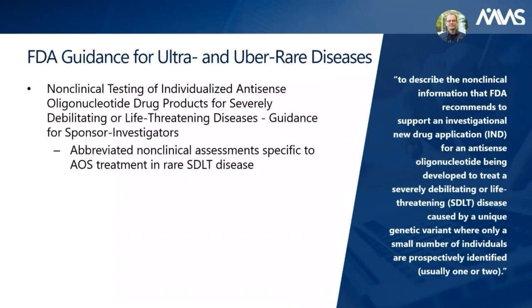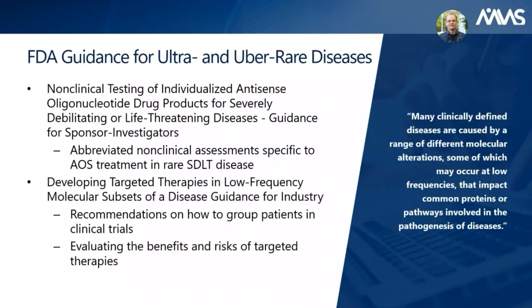However, as research into very rare diseases is often parent-driven, this guidance, which outlines an abbreviated non-clinical assessment approach, may be their bridge to researchers that are willing to work with them, especially given the low likelihood that such treatment would ever be licensed. So the guidance appears to have been well received by the ultra-rare disease communities and has been applauded by those creating individual treatments for patients with ultra-rare diseases caused by genetic mutations.